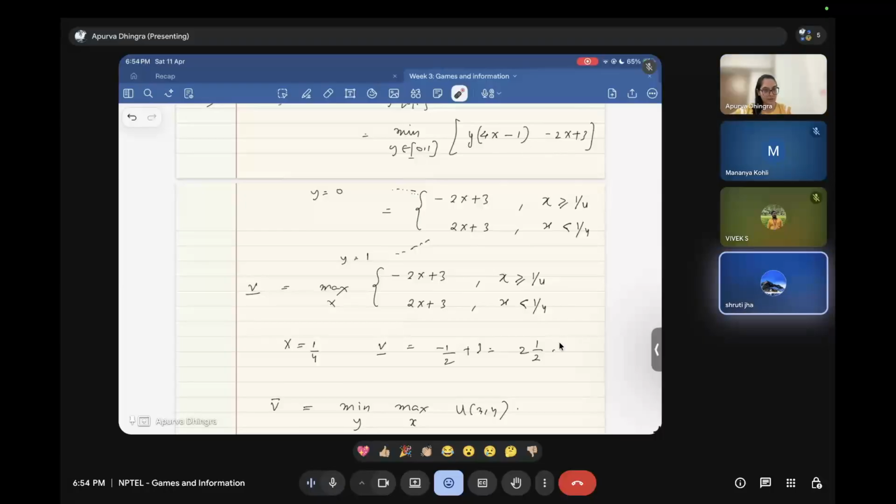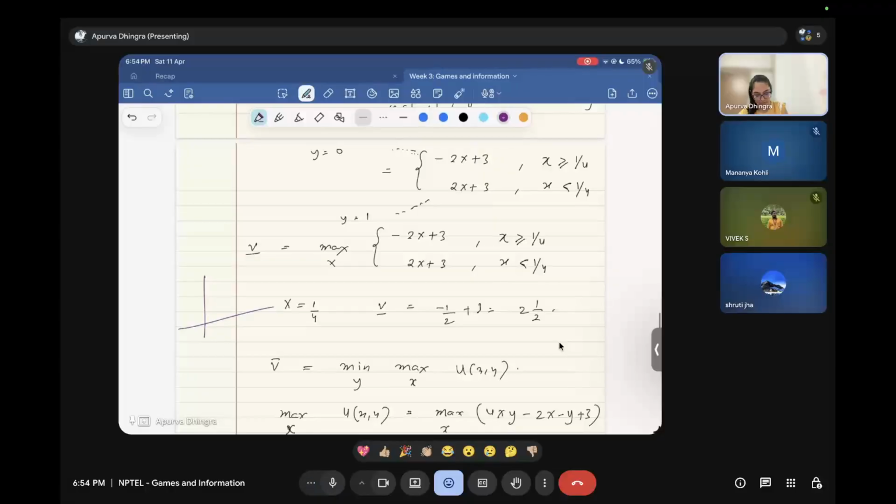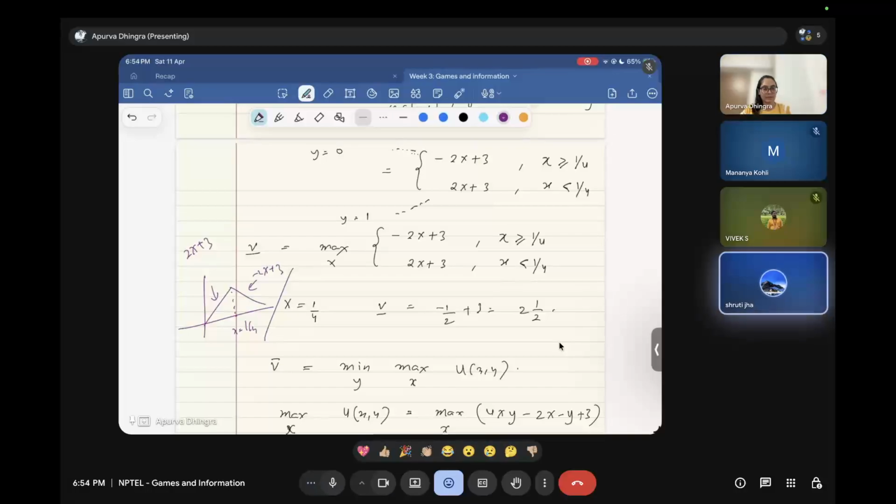From 0 to x equal to 1/4 it's increasing, but at 1/4 there is a peak, and then it goes down. If you were to draw these roughly, this is 2x plus 3, this is minus 2x plus 3, and the intersection happens at x equal to 1/4. You could try drawing it out to get the exact slopes more precisely.